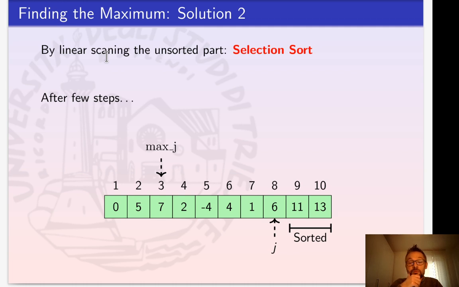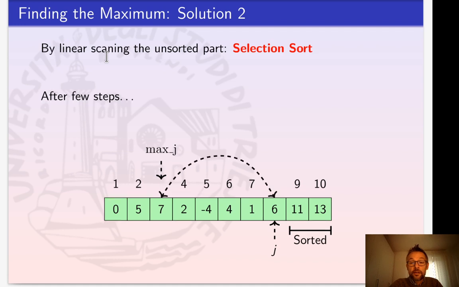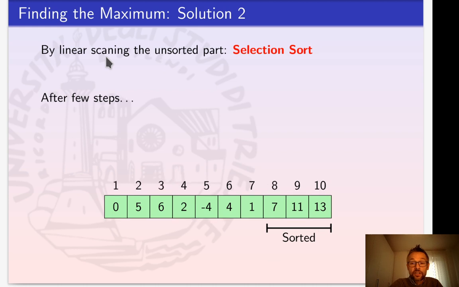The maximum was found in position number 3, so by swapping them, I end up in a situation in which the maximum is now at the end, and I can grow the sorted part of the array, and the unsorted part of the array is decreased. Okay, so the situation is quite clear.